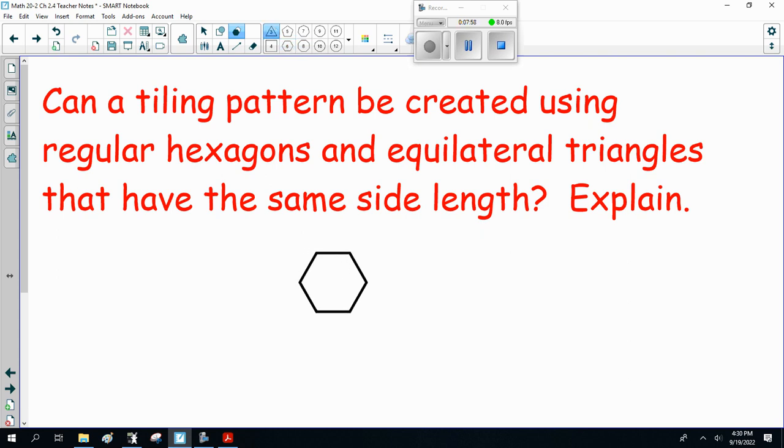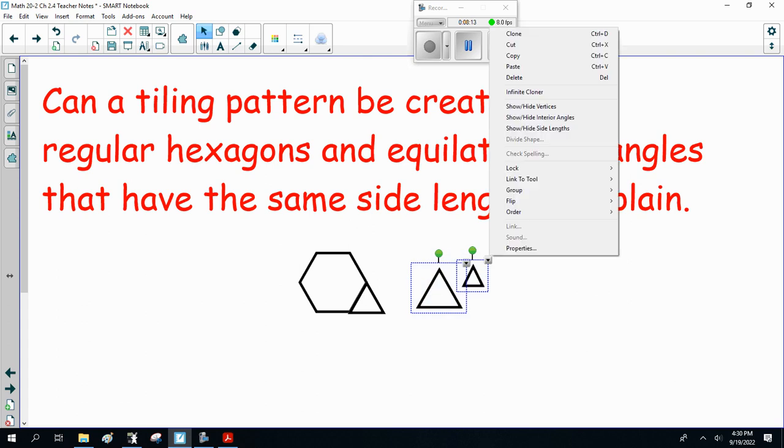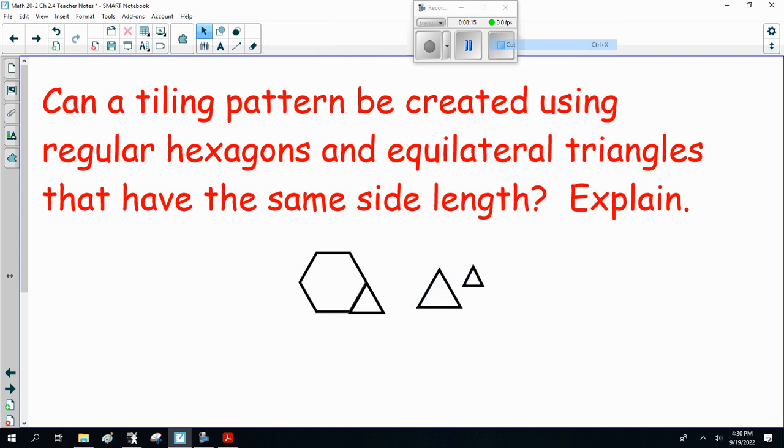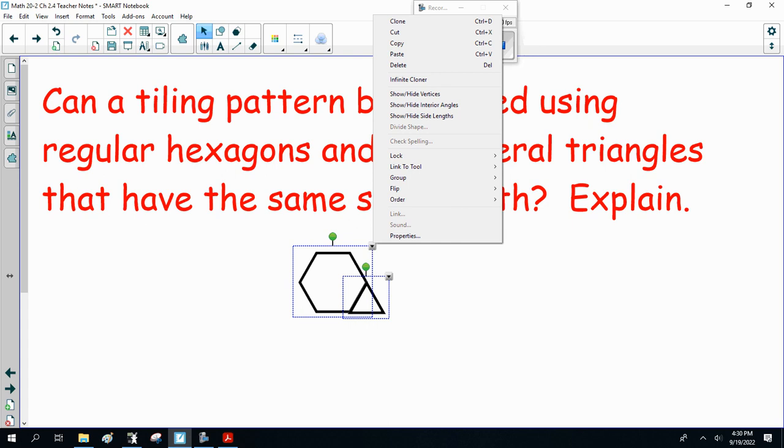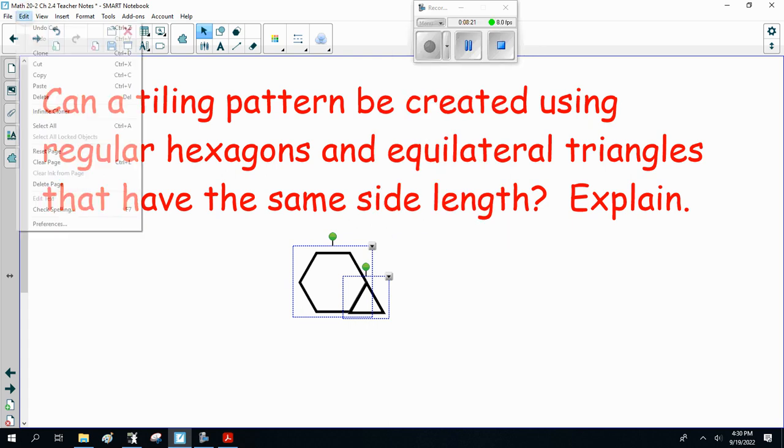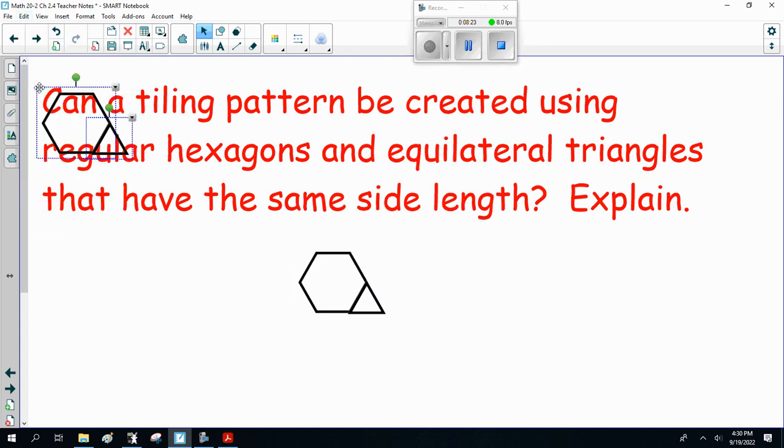And equilateral triangles. Smidge smaller. There we go. Now, can I use these? I honestly don't know.